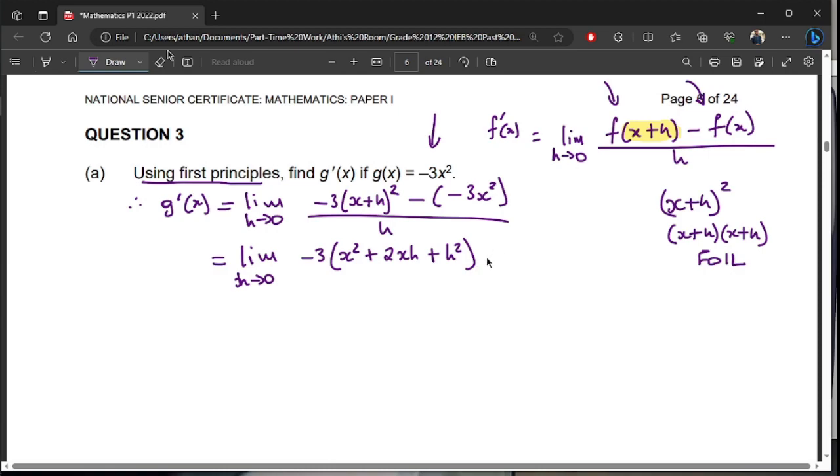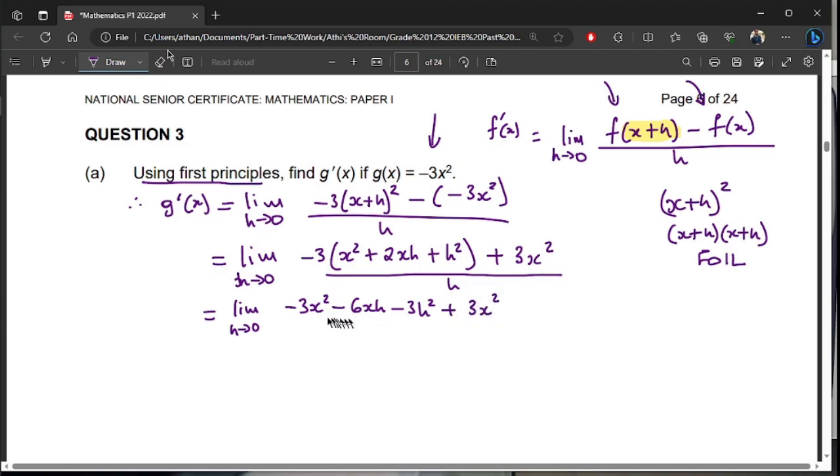And then on the other side, we've got negative and negative, which should give you a plus 3x squared all divided by h. Then we further multiply the negative 3 inside the bracket. Please do not forget to write the limit as h approaches 0. To multiply now the bracket, it is going to be negative 3x squared, negative 6xh, and then negative 3h squared plus that 3x squared all divided by h.